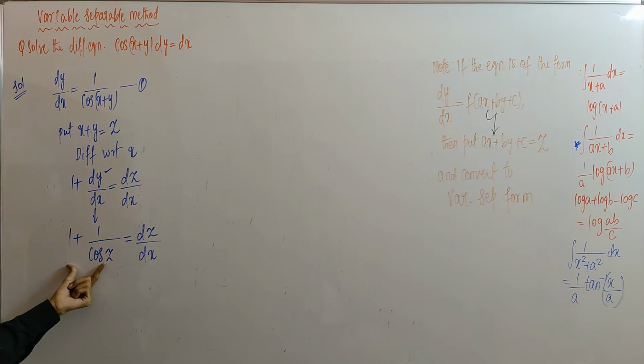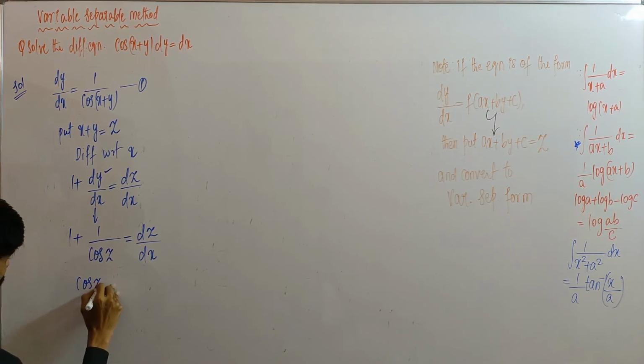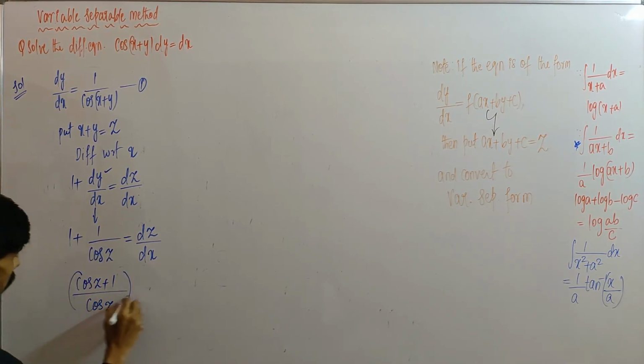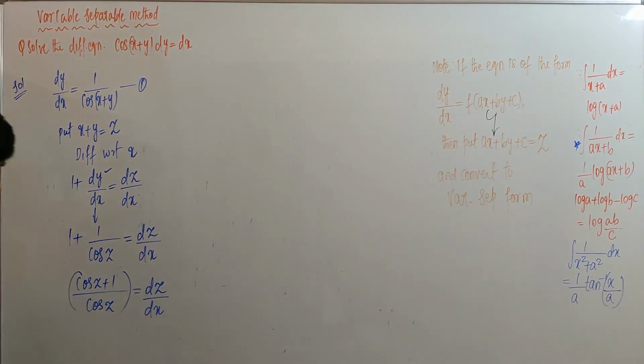Now here we have z terms. So take LCM here, we'll get (cos z plus 1) upon cos z is equal to dz by dx. Here we have z, here dz. So rearrange these terms, take dx here, this term to that side.